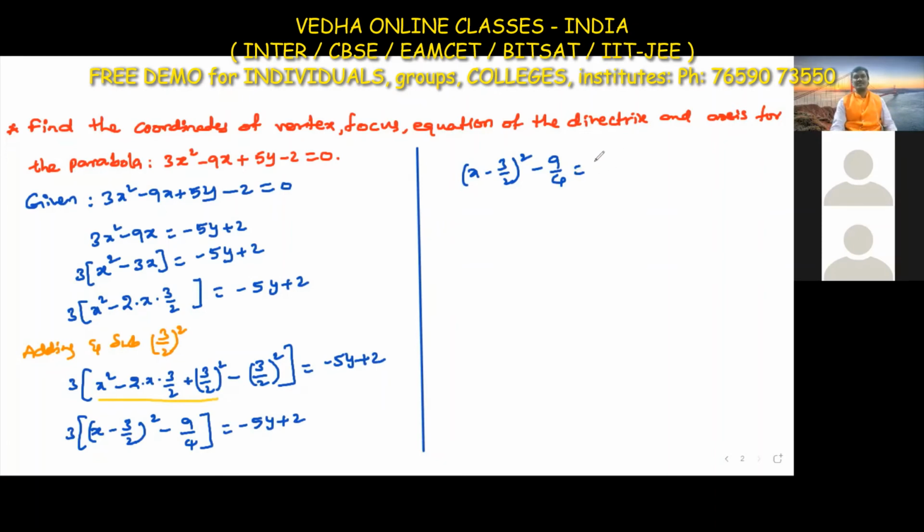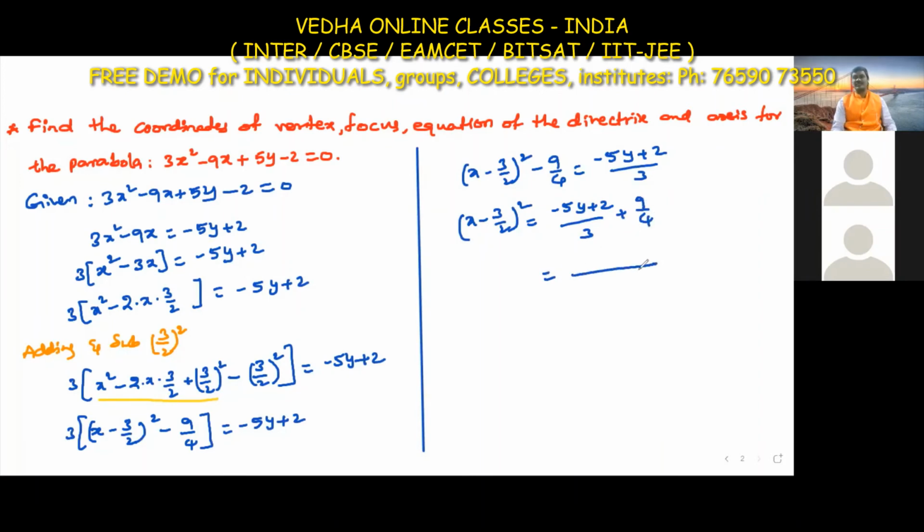If you take the 3 to the right side, it divides by 3: minus 5y plus 2 divided by 3. After that, send this 9 by 4 also to the right side: x minus 3 by 2 whole square is equal to minus 5y plus 2 divided by 3 plus 9 by 4.